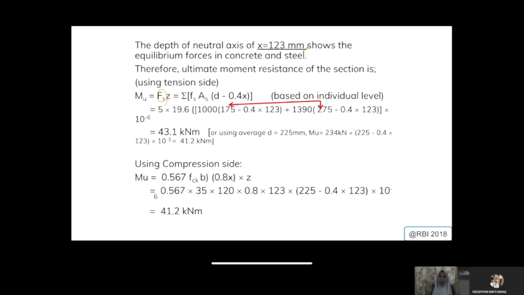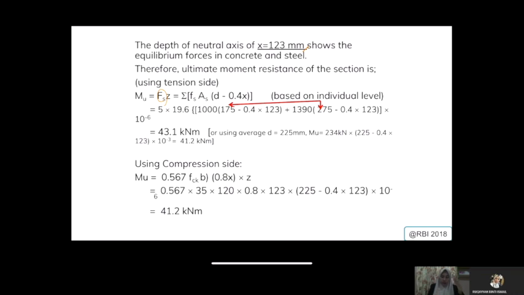So it's the same value. It doesn't matter if you calculate your ultimate moment using the tension side formulation or using the concrete side. You will get more or less the same value of your ultimate moment because your forces are the same value. So say that we take the tension side first.